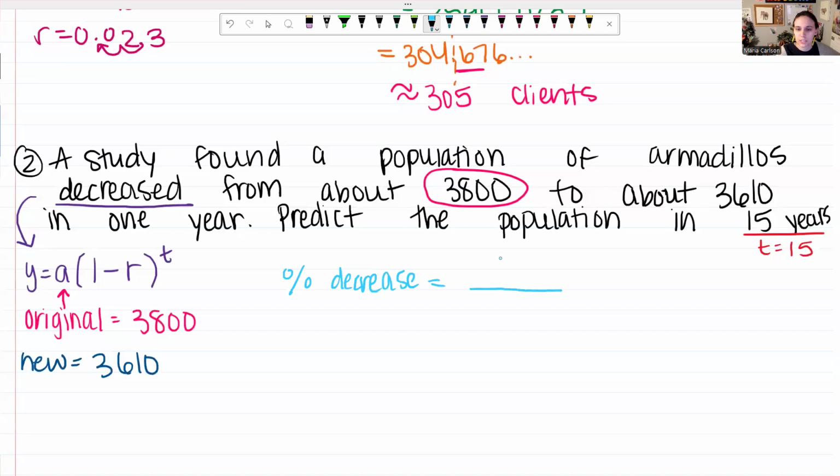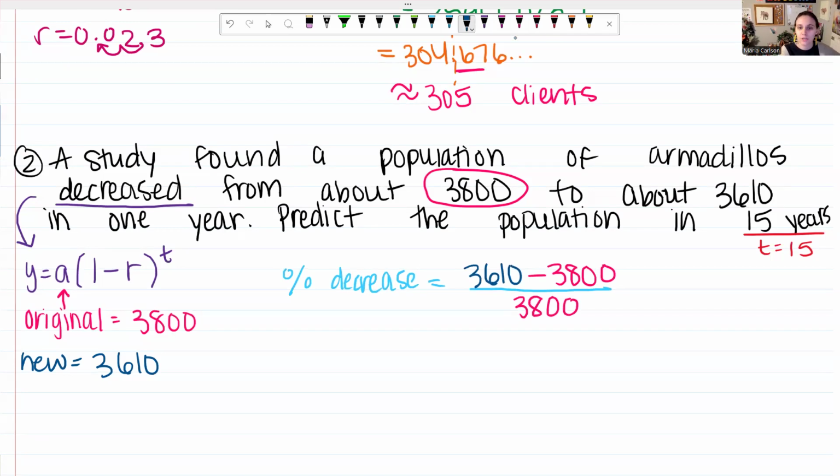So I am actually just going to subtract the new amount, which is 3,610 minus the original, which is 3,800. And then that will be divided by the original to figure out how much did it change from what we originally had.